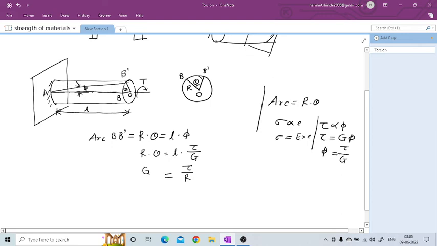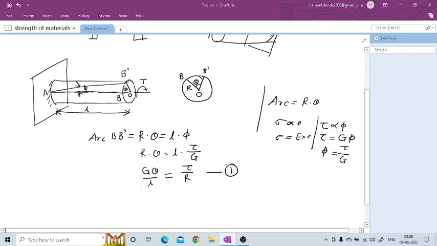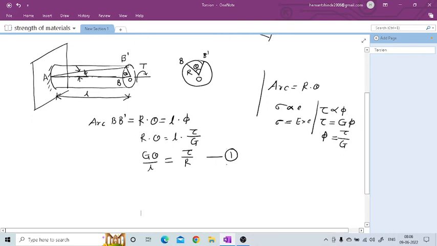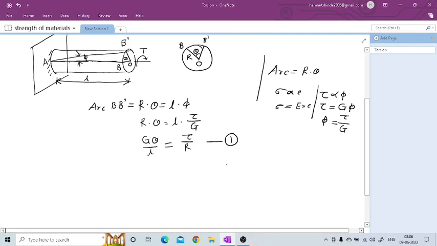So G into theta divided by L. So this is equation number 1. That is tau by R. Tau means shear stress produced, divided by R means radius, is equal to G theta by L. G means modulus of rigidity, theta angle of twist, and L means length. Okay, so this is equation number 1.